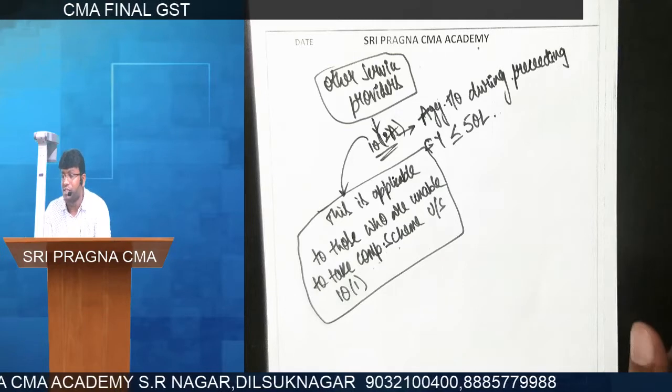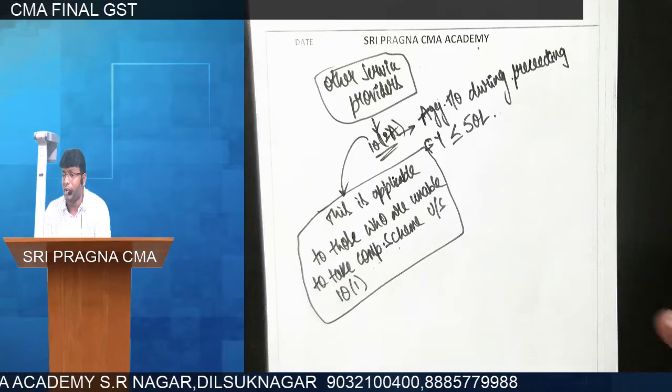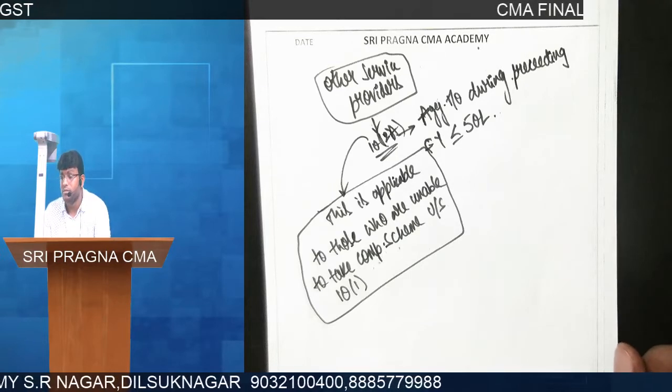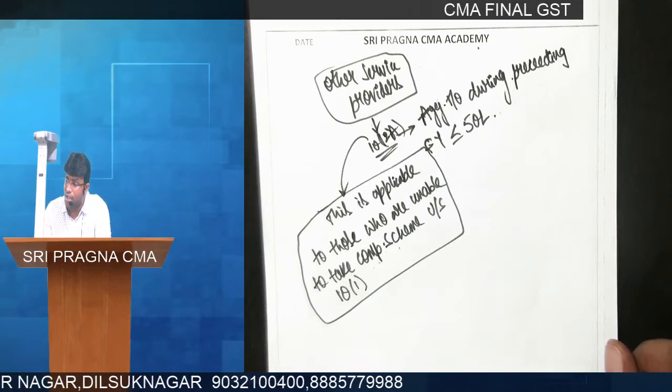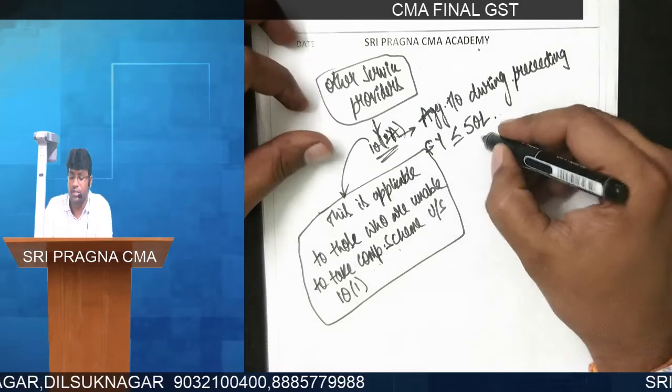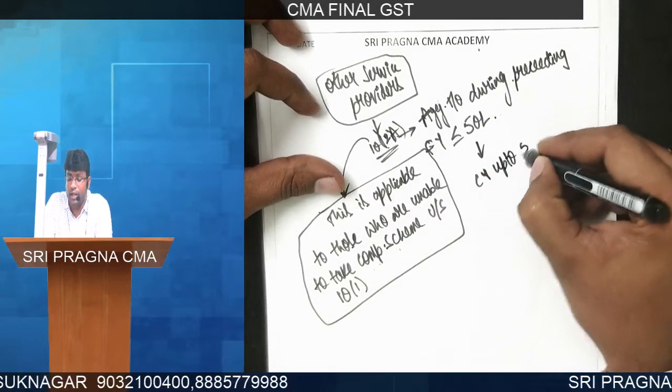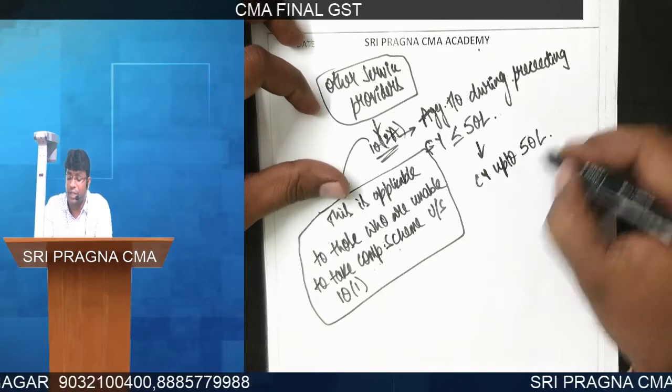But the 10.2A condition is that aggregate turnover during preceding financial year does not exceed? Exactly, that's a precondition. Friends, are we understanding? In that case, current year up to 50 lakhs.